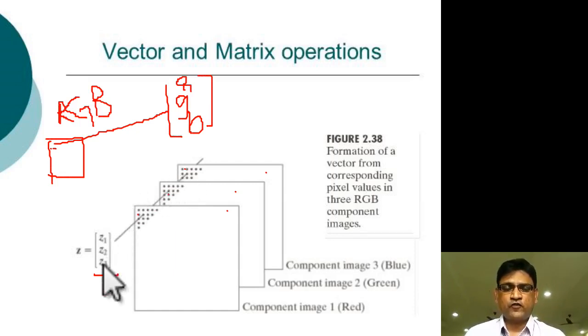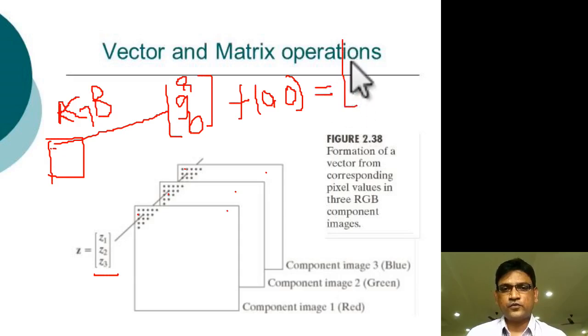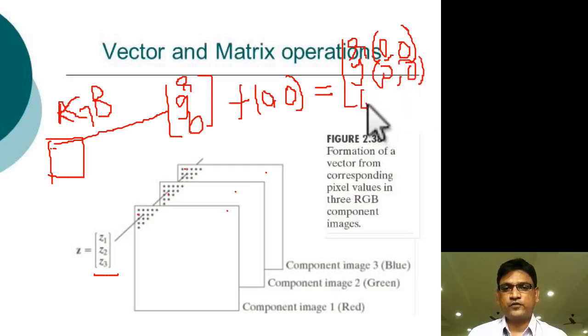So if f of x, y is the color image, then f of 0, comma 0 is equal to a vector where we have r of 0, comma 0, and similarly g of 0, comma 0, and similarly b of 0, comma 0, like this.